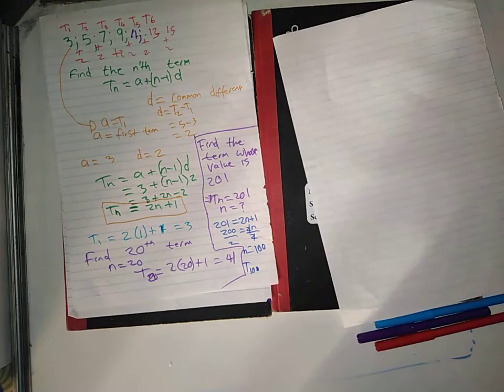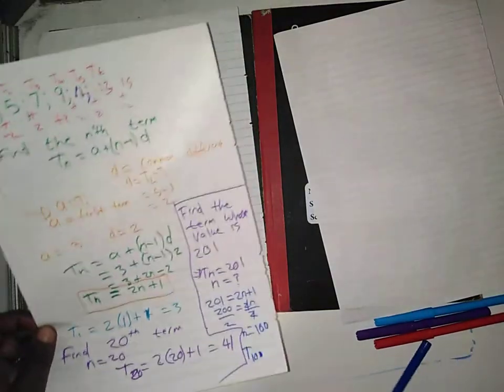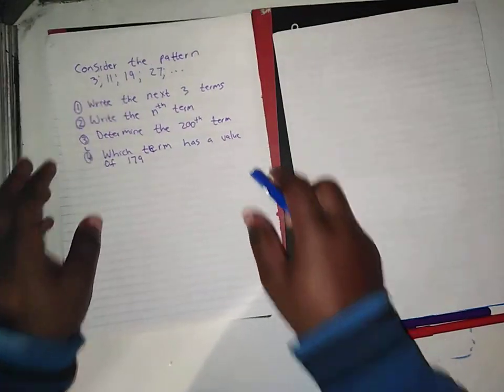So that is the theory. Now let's go into practice and see what we can actually end up with. Let's start with this one. Say we've got this pattern, and they say write the next 3 terms.